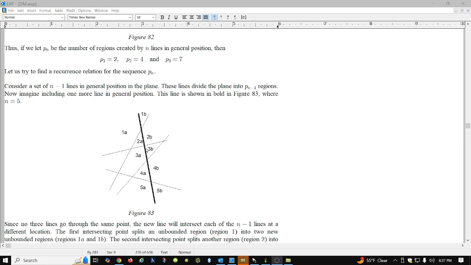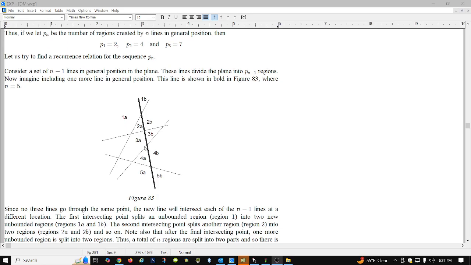The second intersection point splits another region, maybe bounded, maybe not, but in this picture it's not bounded, into 2 regions, 2A and 2B. And this continues. Every time the new line hits an old line, it splits the region bounded by the old line into 2 parts.